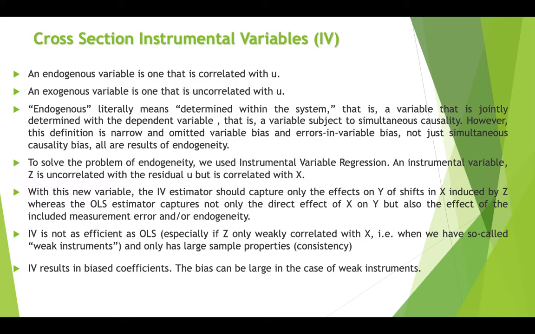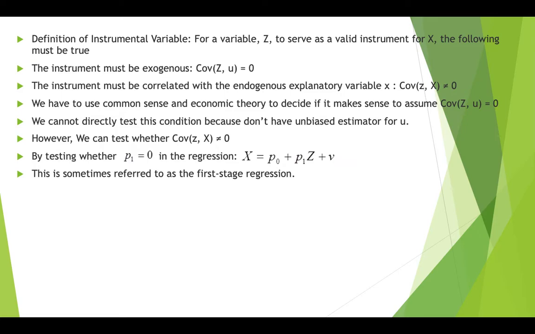Another limitation is that we can use this model only in the case of large samples, otherwise we cannot use it. And these coefficients are biased, and the bias will be high if the instruments are weak.